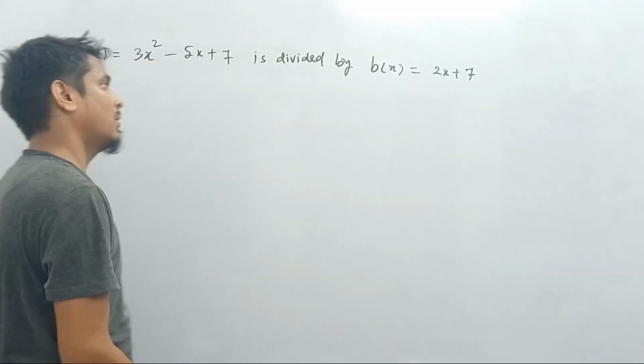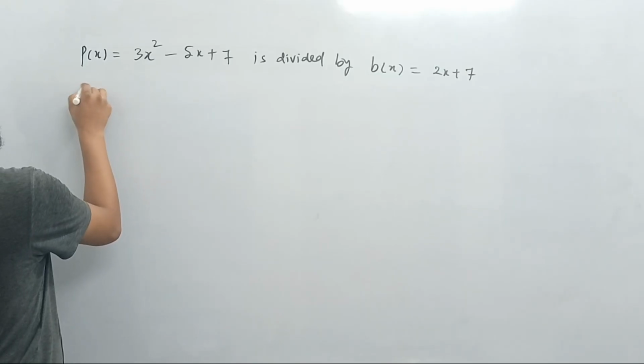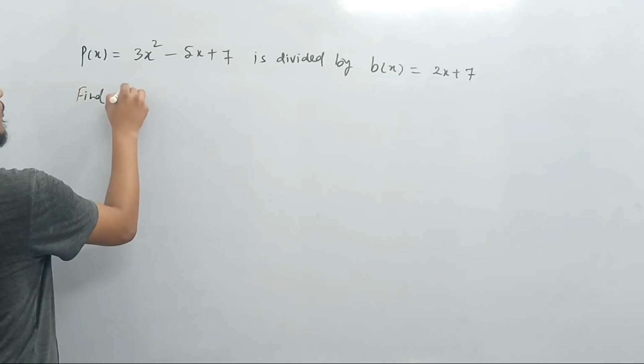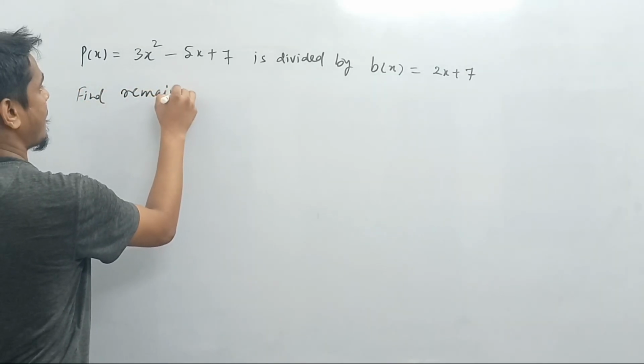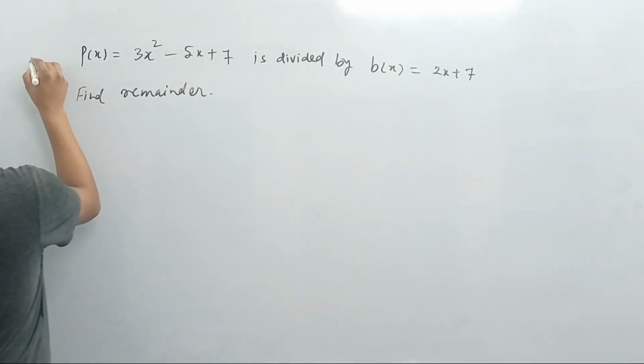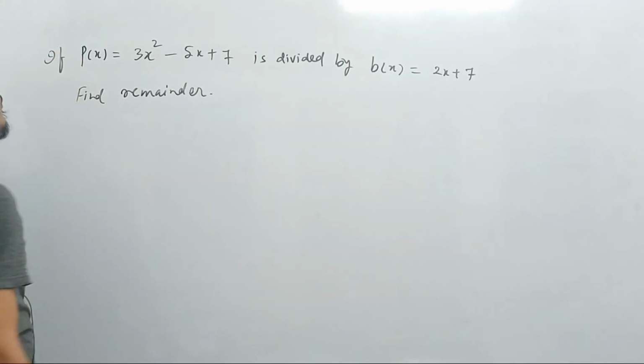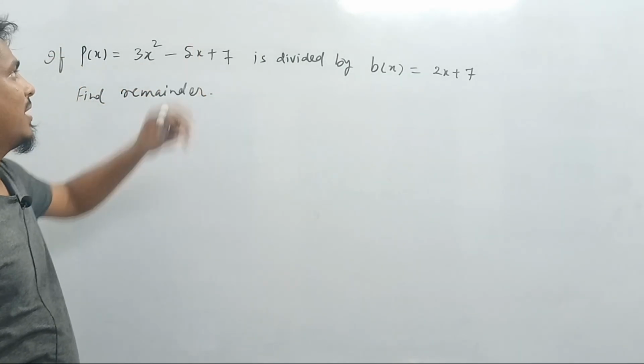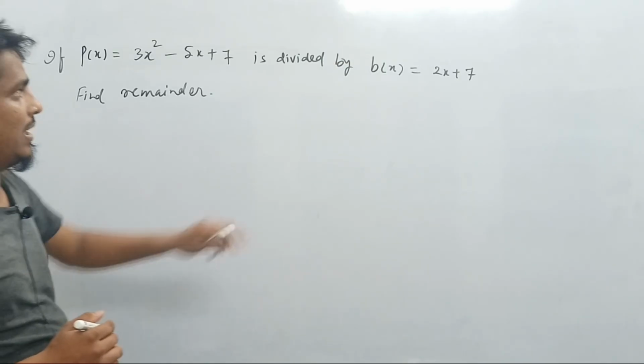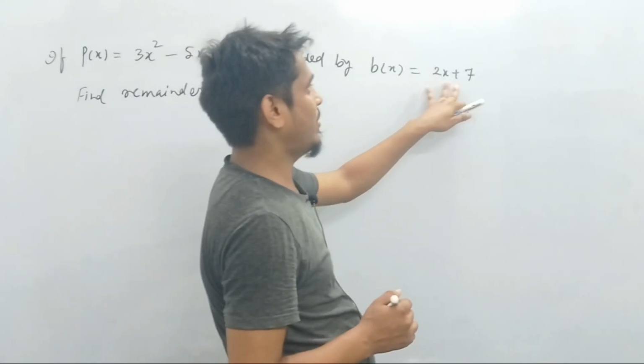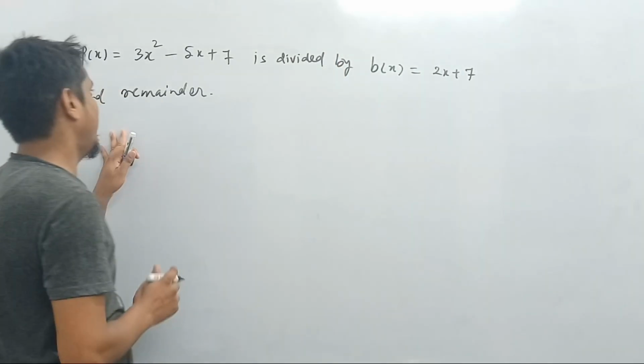Then find the remainder. If p(x) is 3x squared minus 5x plus 7 is divided by g(x), which is 2x plus 7, then what will be the remainder?